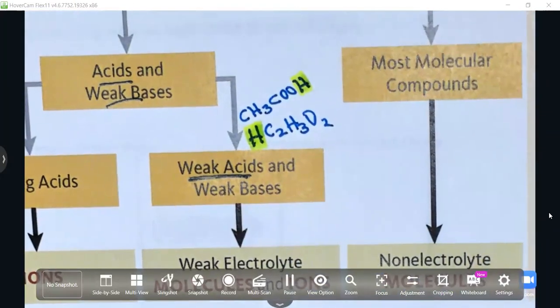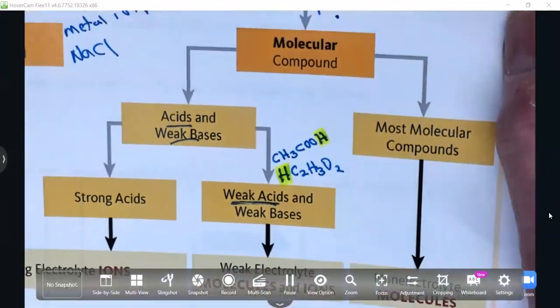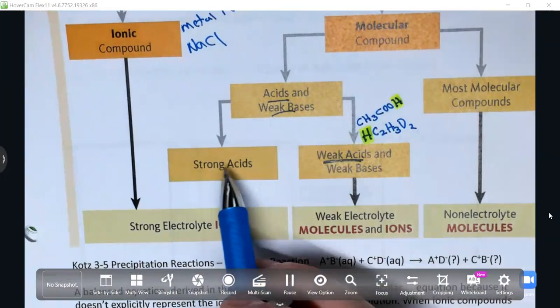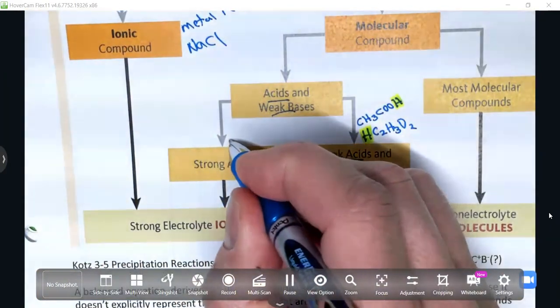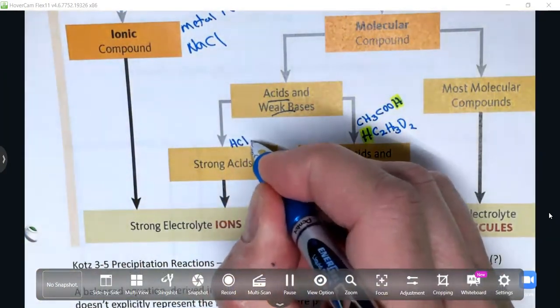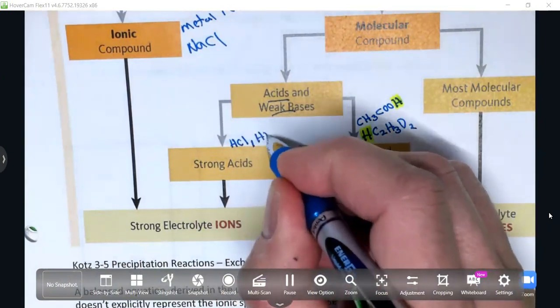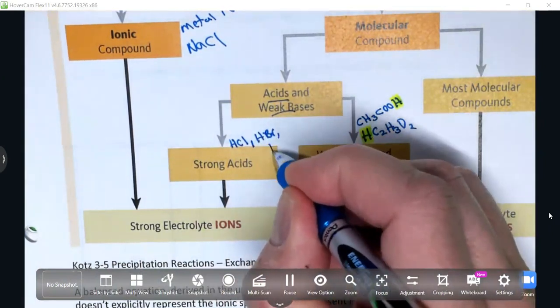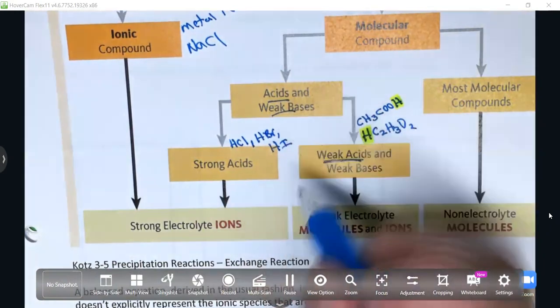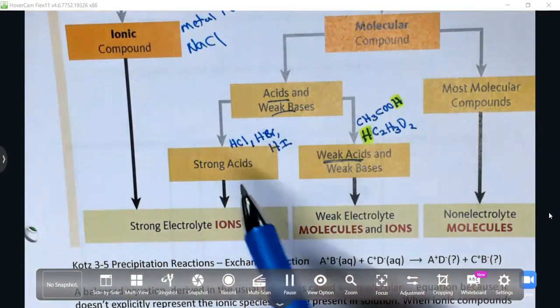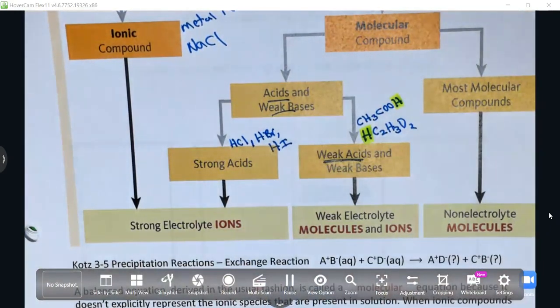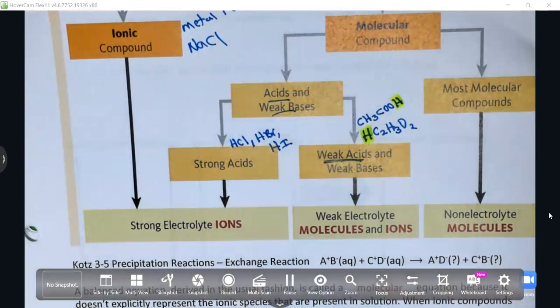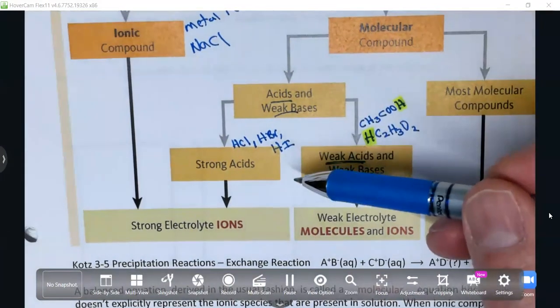Now, what ion are we talking about? Well, let's go over here and we're going to write it out. If you have a strong acid, HCl, HBr, and HI are the binary ones. In fact, let's look at that.